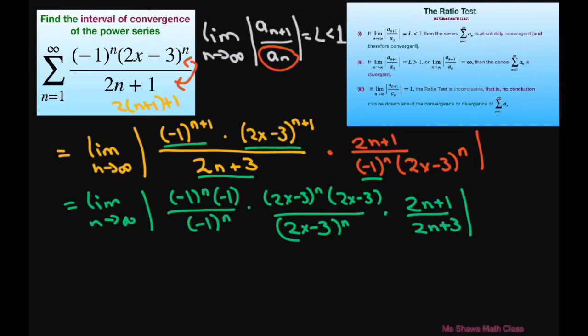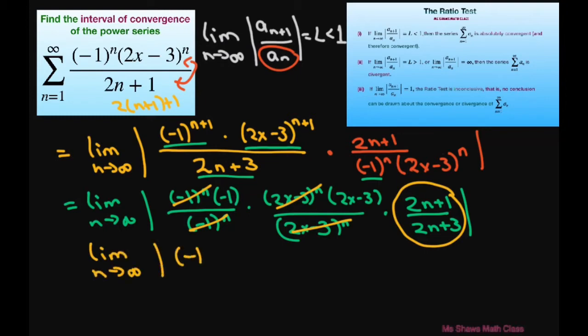All right, so let's cancel things out. These cancel out, and these cancel. These two cancel out. So basically, when you take the limit of this, it is just going to equal 1. So we have the limit as n approaches infinity of the absolute value of negative 1 times (2x minus 3), and this is just going to go to 1.